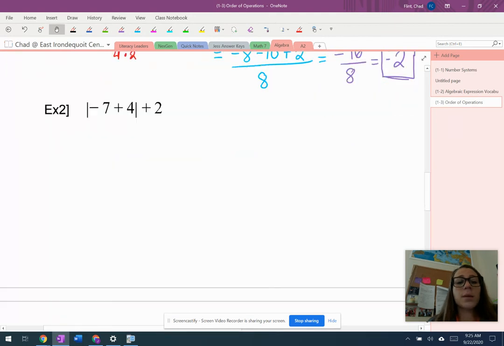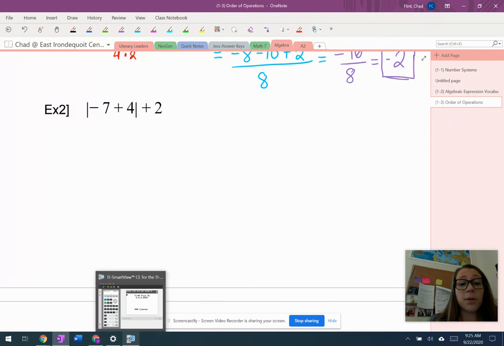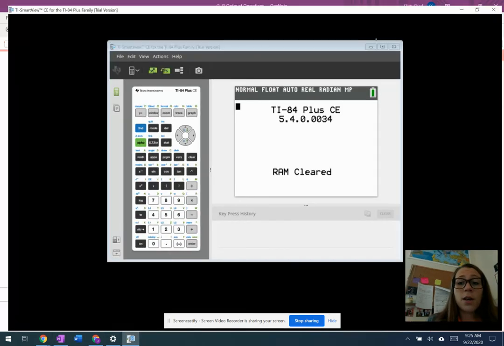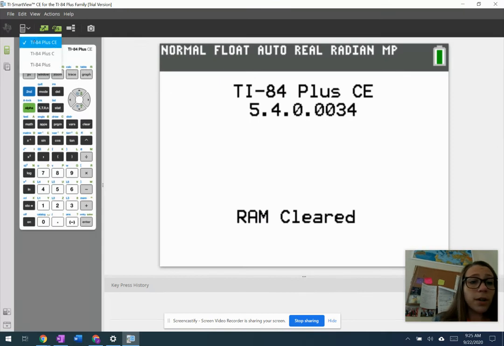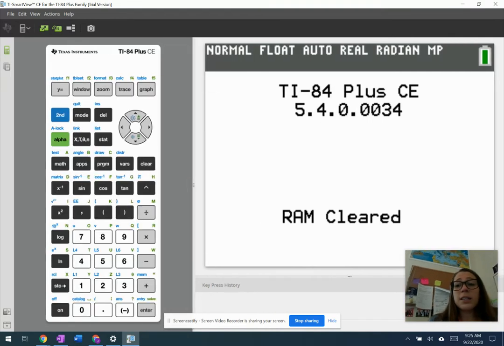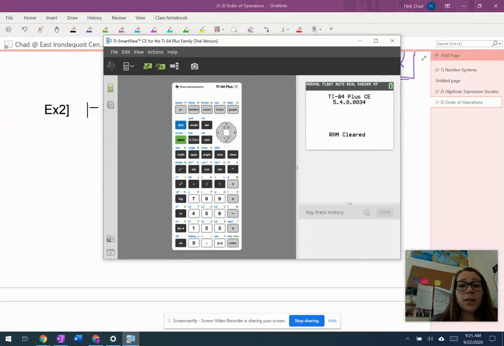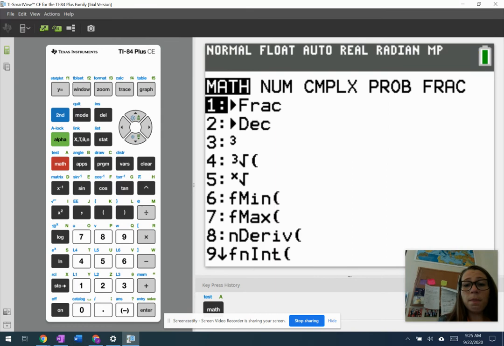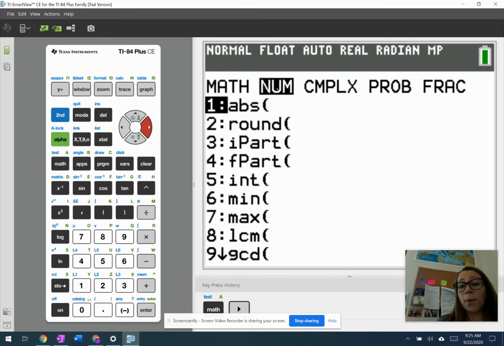All right, let's take a look at example 2. Example 2, now this guy you could put right in your calculator, and I'm going to show you how to get those absolute value bars in your calculator. So if you've got your calculator, to get to the absolute value bar, you want to press math, arrow over to number, and then you see it says ABS.